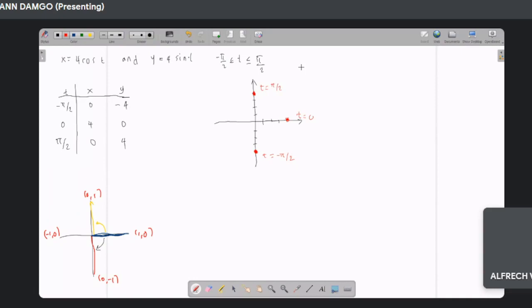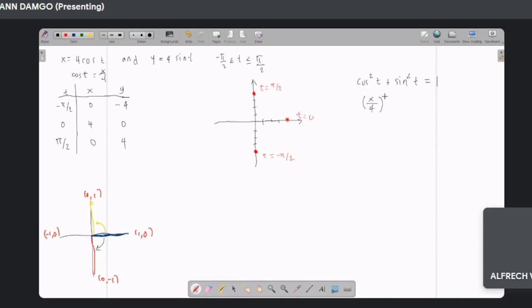But the question is, what is this figure, this curve? Okay, so we have the identity cosine squared t plus sine squared t is equal to 1. Our cosine t for the given is x over 4, and sine t is y over 4, so we substitute.